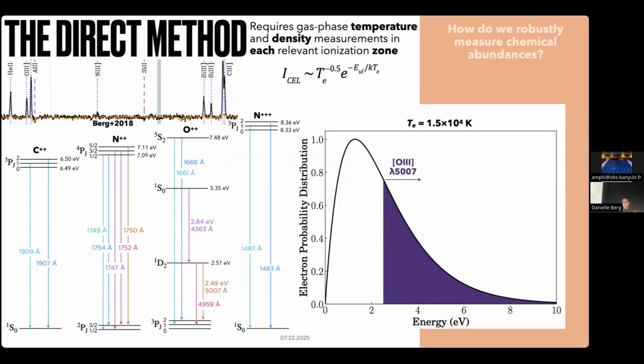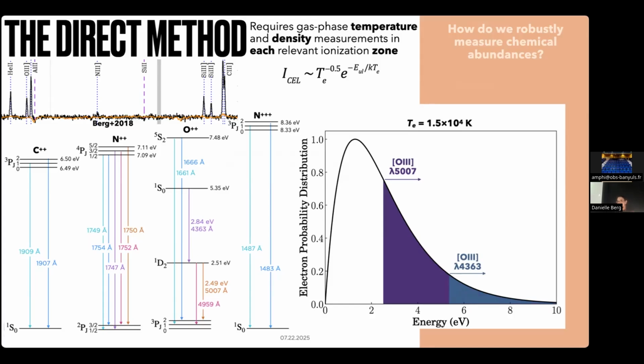And so if you look at this diagram on the right, if we just look at an electron probability distribution for a temperature of 15,000 Kelvin, which is pretty typical for a low metallicity region, you see that the energy needed to excite 5007 is not that crazy. There's a good tail of electrons there that will do it. It's pretty easy to excite. 4363 requires a higher temperature, so we're already in the tail. And that means that if you had a lower temperature gas, you're just not going to really see 4363.